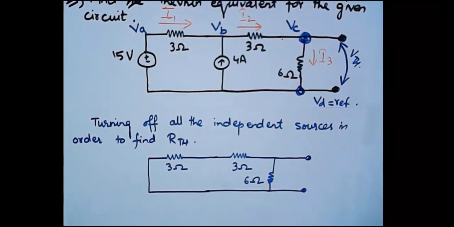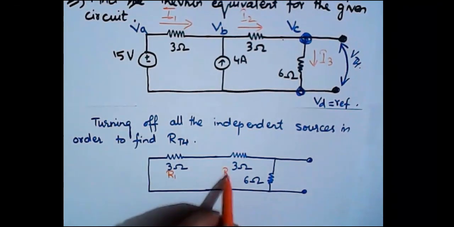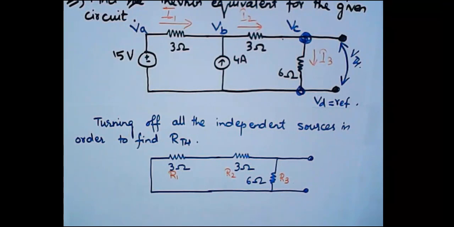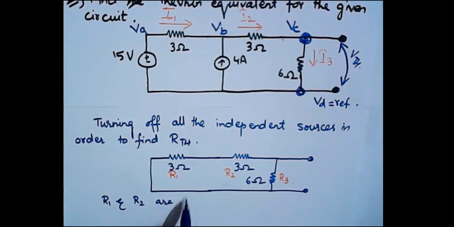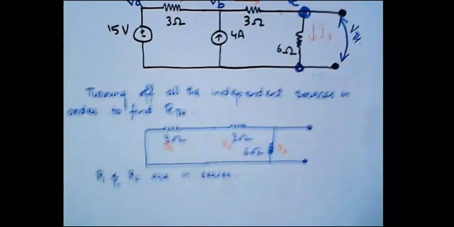So I hope that there is no confusion in this. And let's name these resistances as R1, R2 and R3. Here we can see that R1 and R2 are in series. So we can solve them.